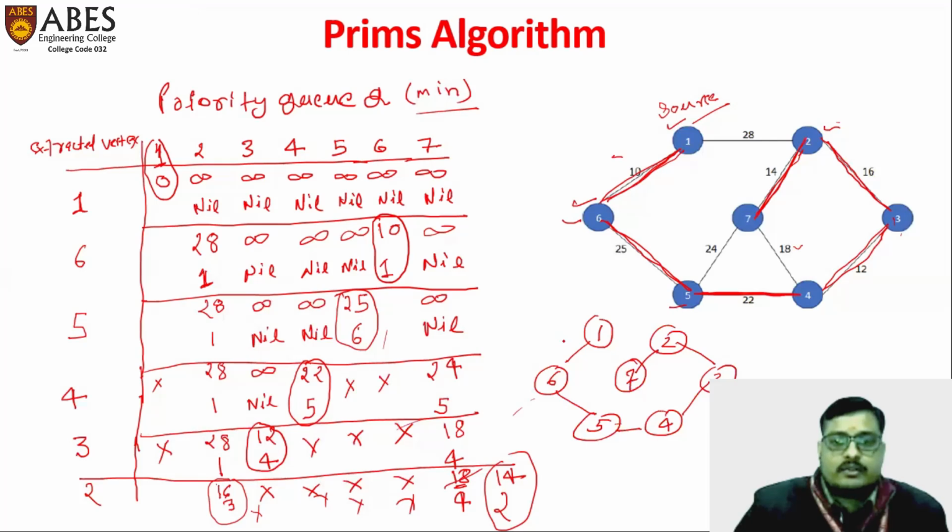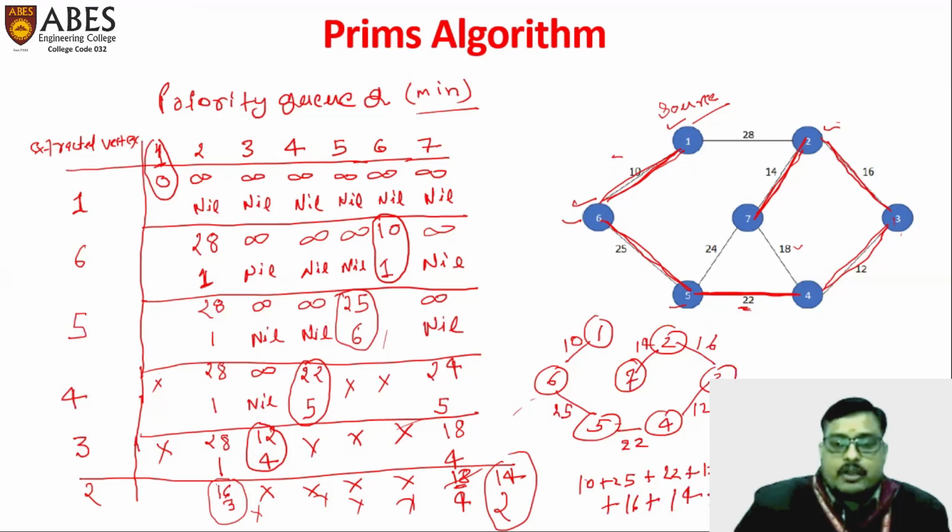Let us calculate the cost of this spanning tree. The costs are 10, 25, 20, and this cost is 22. So let us write 22. The costs of these are 12, 16, and 14. So if we add this, it will become 10 plus 25 plus 22 plus 12 plus 16 plus 14.